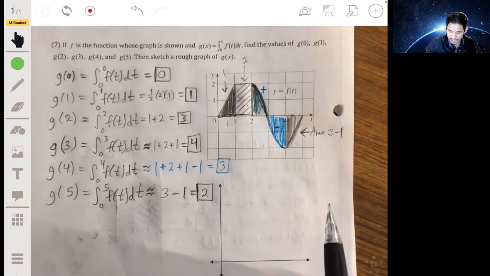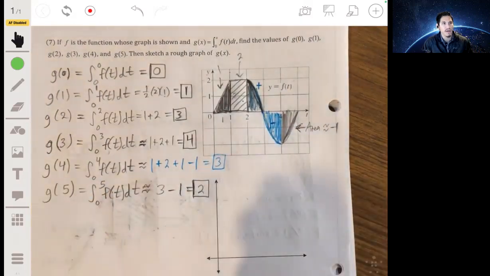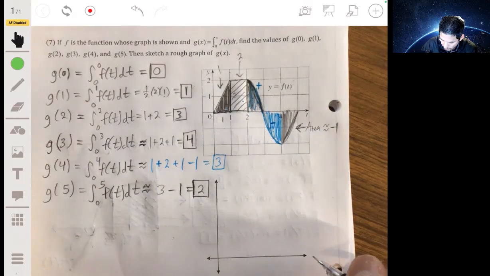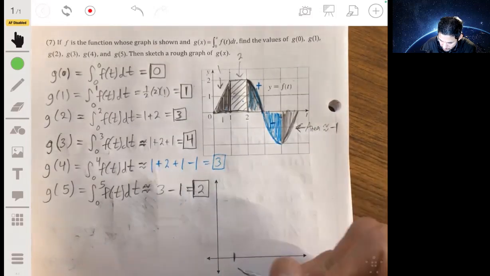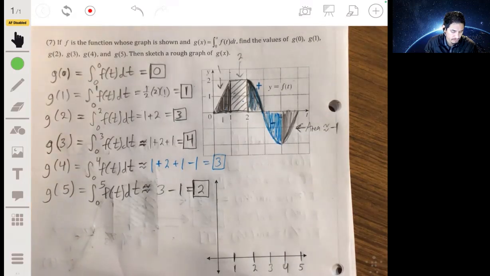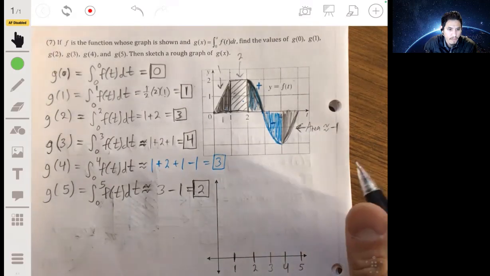Now let's actually make a graph of what's going on with g of x to see how it's behaving, because this is going to be a good way for us to understand how we're going to apply this further down the road. We're still going to have the same values of x: 1, 2, 3, 4, 5. And we're going to have g of x graphed here.